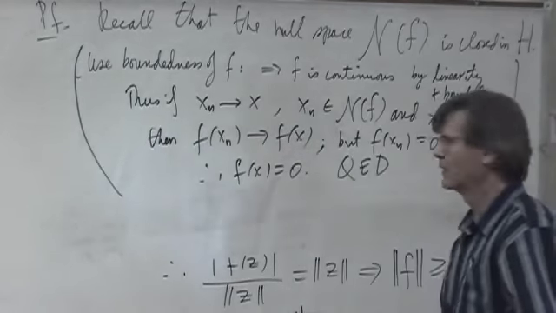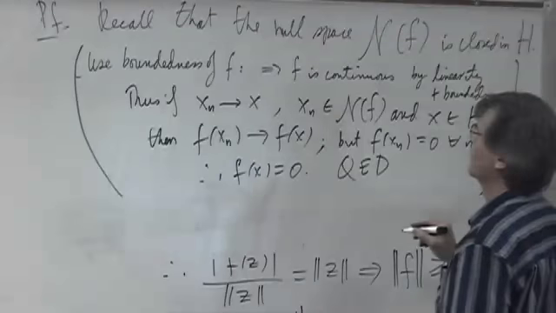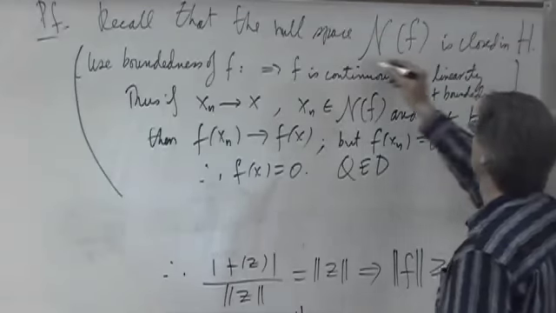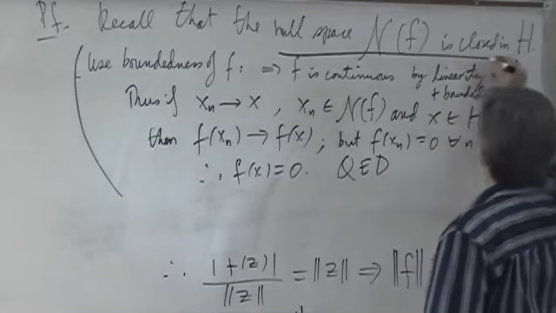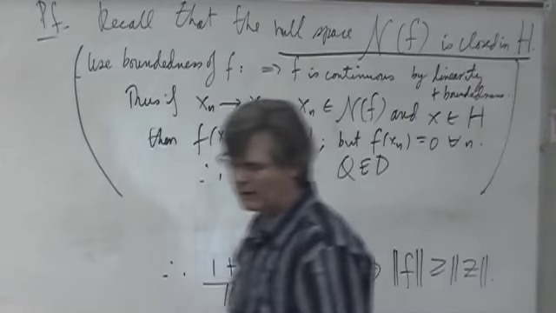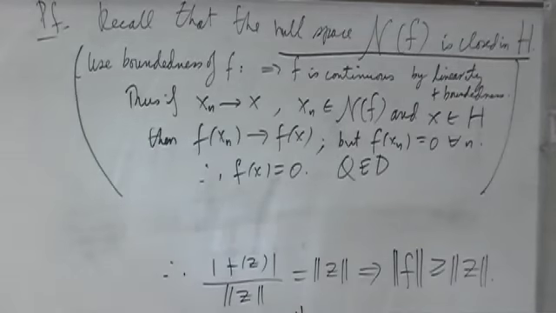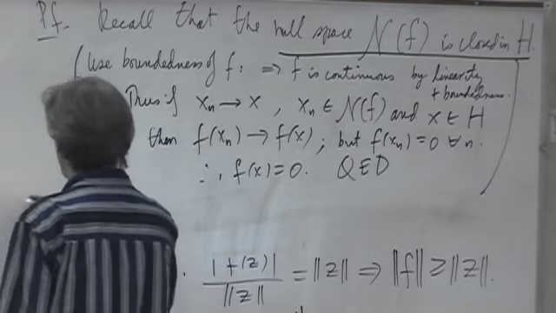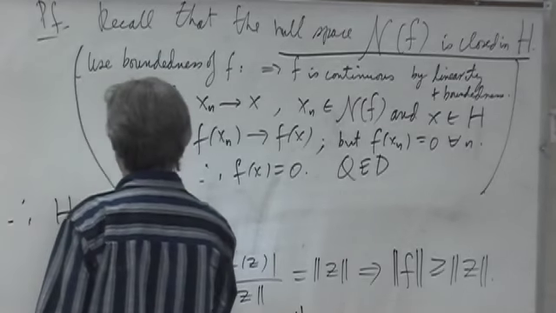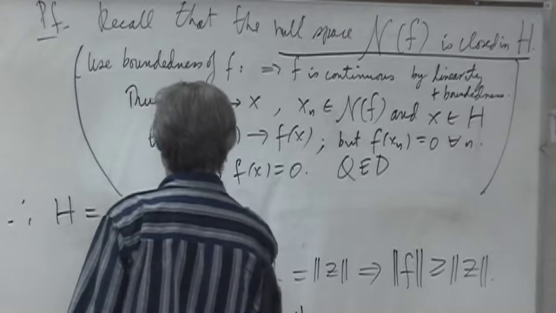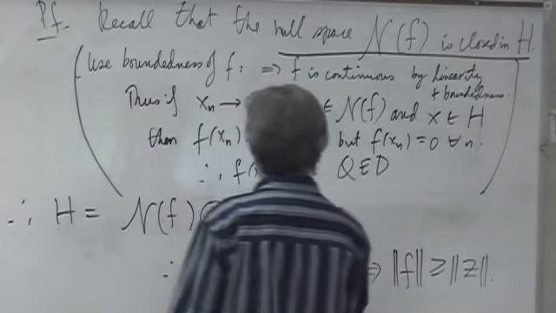So you have that the null space is closed. Therefore you have the situation of the projection theorem: a closed subspace of a Hilbert space, therefore you have the direct sum. H is the direct sum of NF and its orthogonal complement.